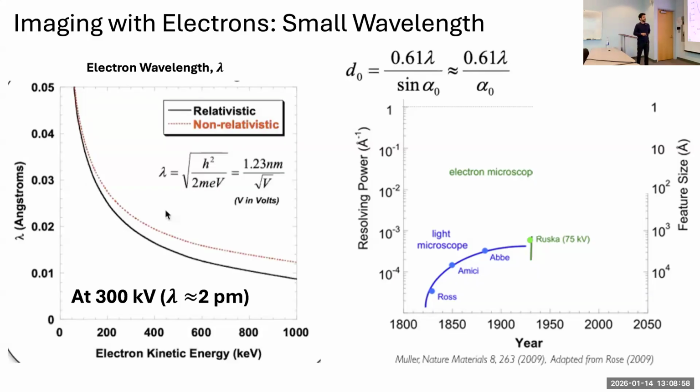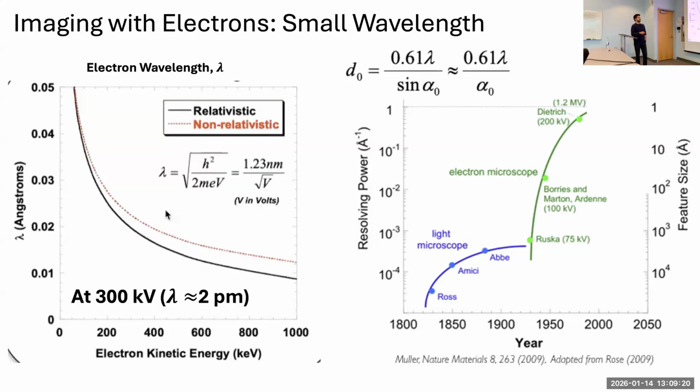You can see that instantly there was an improvement in resolution relative to light optics. And as I said, you can resolve finer features if you reduce the wavelength by increasing the acceleration voltage. For many decades, this is what the story was: by increasing the acceleration voltage, you could achieve higher and higher resolution.